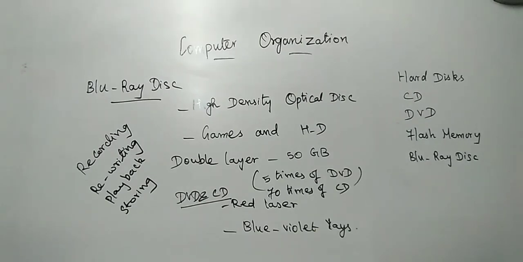It is mainly used in PlayStation games and high definition movies. The double layer disc will have the capacity of 50 gigabytes, which is 5 times of DVD and 70 times of CD.